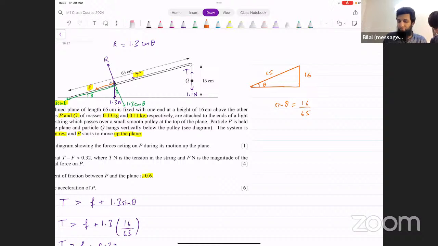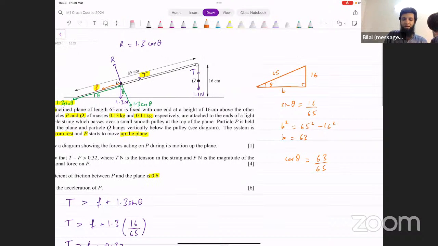What do you get for that? 65 squared minus 16 squared, and then the square root of that. Can you tell me what that is? Base squared equals 65 squared minus 16 squared. The base turns out to be 63. If the base is 63, that means cos theta is base over hypotenuse, that's 63 over 65. So we have the value of cos theta.